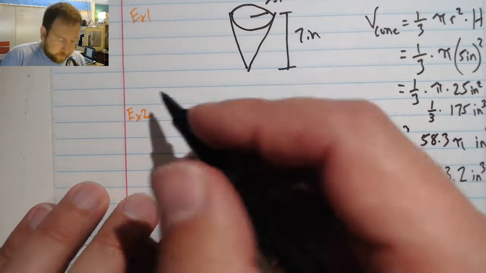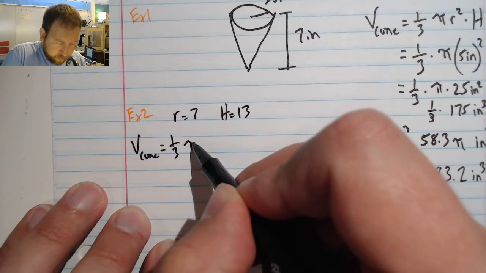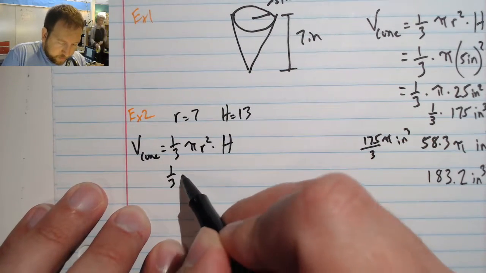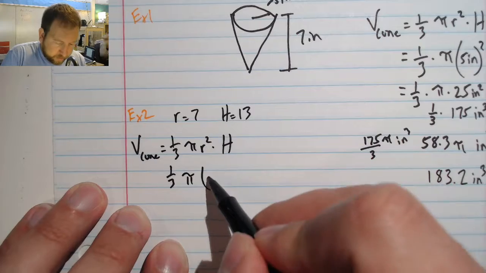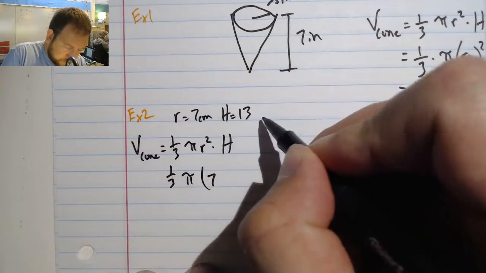First, I'm going to write out my formula. Volume of a cone is equal to 1/3 pi r squared times big H. 1/3 pi, substitute in my r of 7. In this case, I do have centimeters.